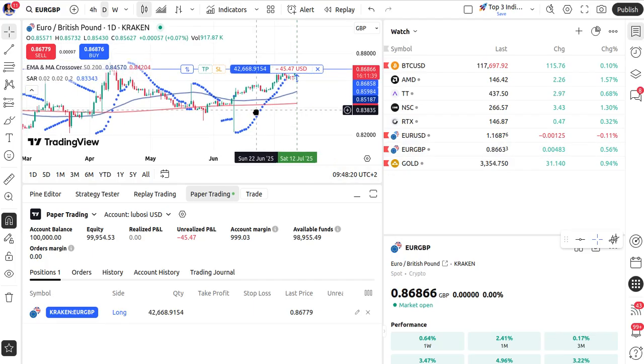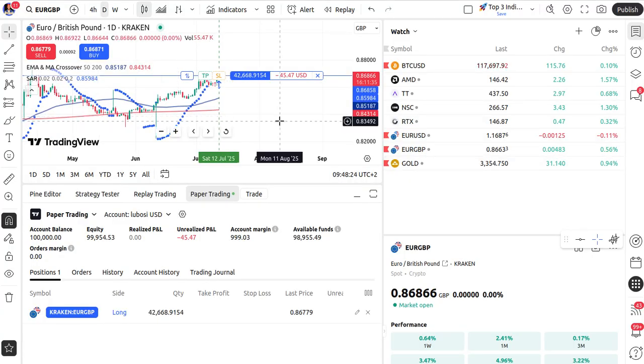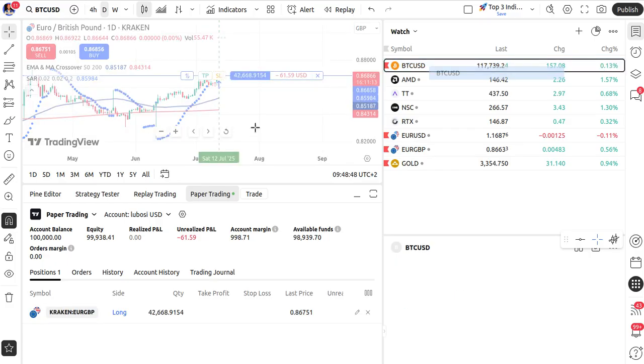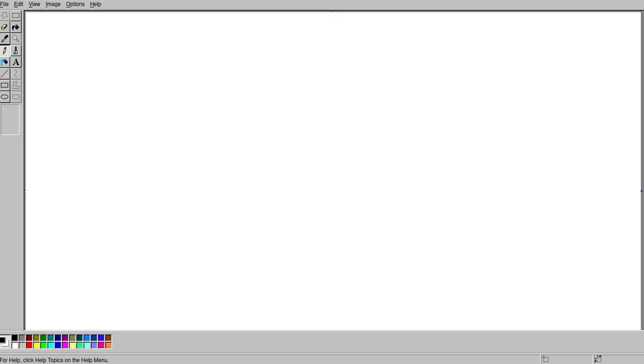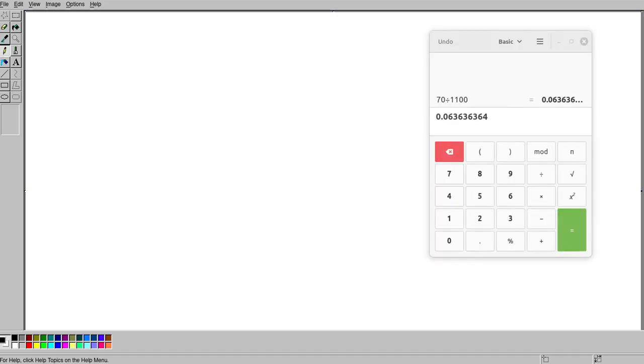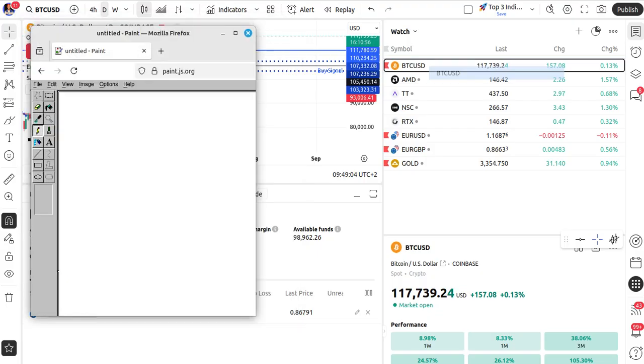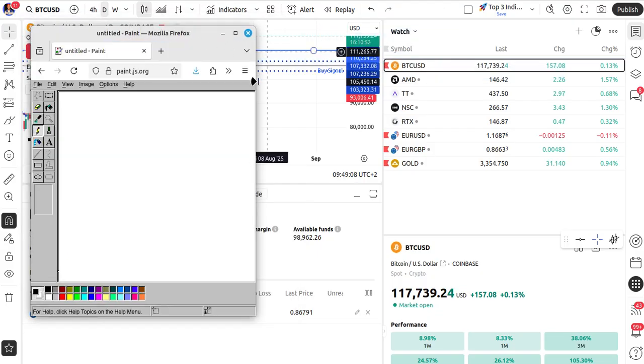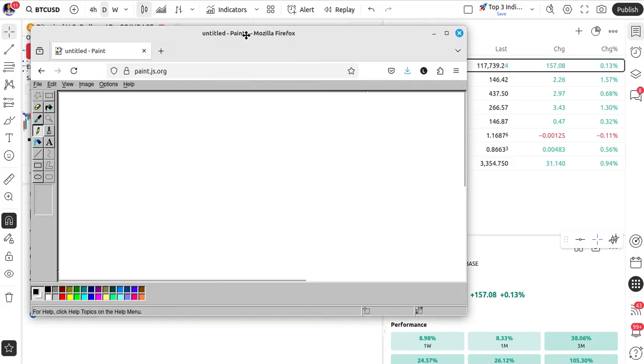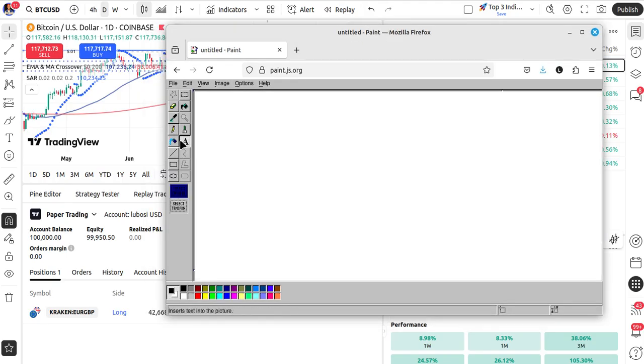This position you're supposed to hold for about 4 months.